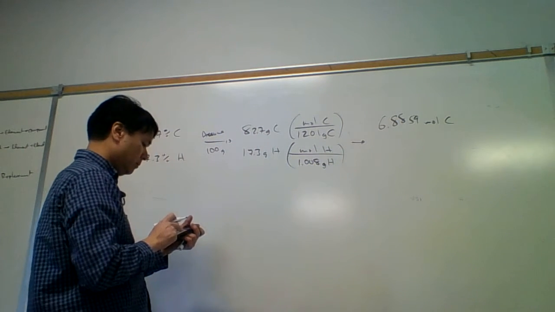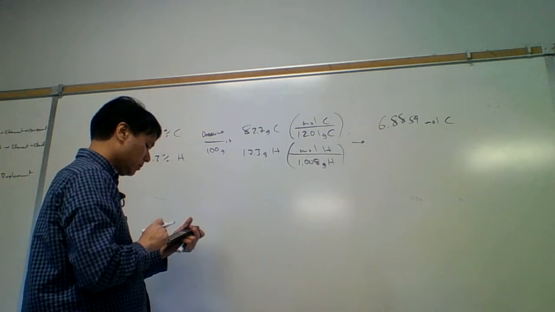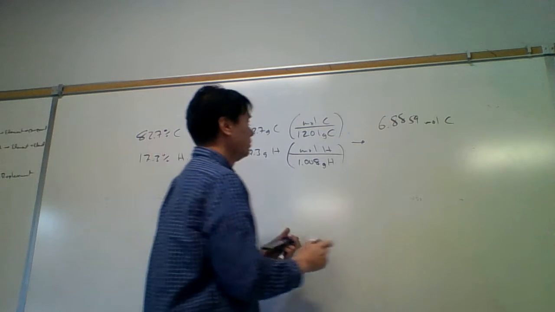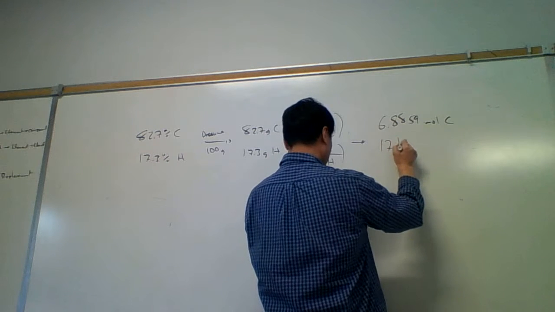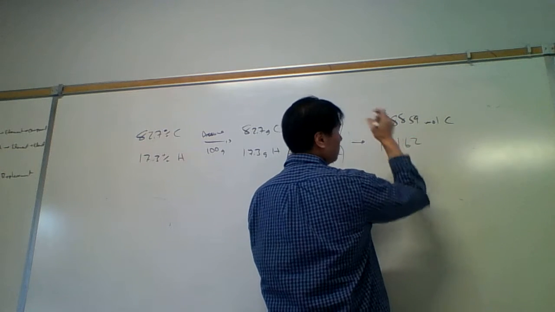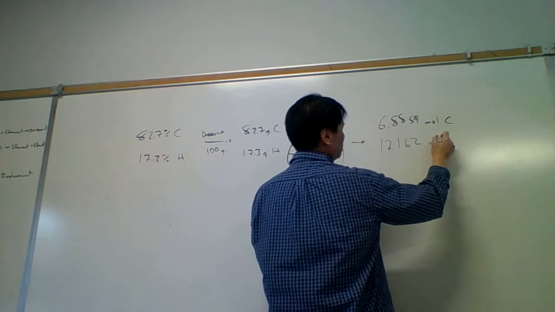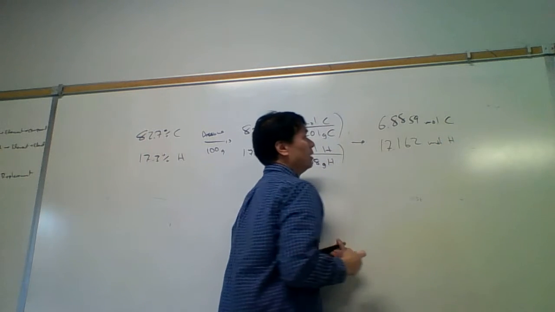Then 17.3 divided by 1.008 is 17.162 moles of hydrogen. That's the mole ratio.